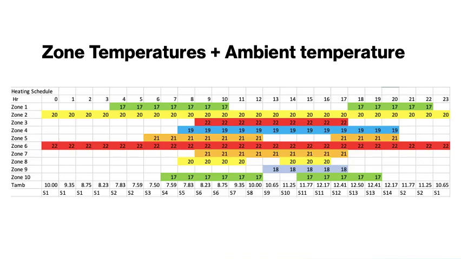So then, just to show you our heating schedule again, now we have another zone added on. It's not a zone, but it's just the ambient temperature. So now we have all the temperatures for every hour of the day.